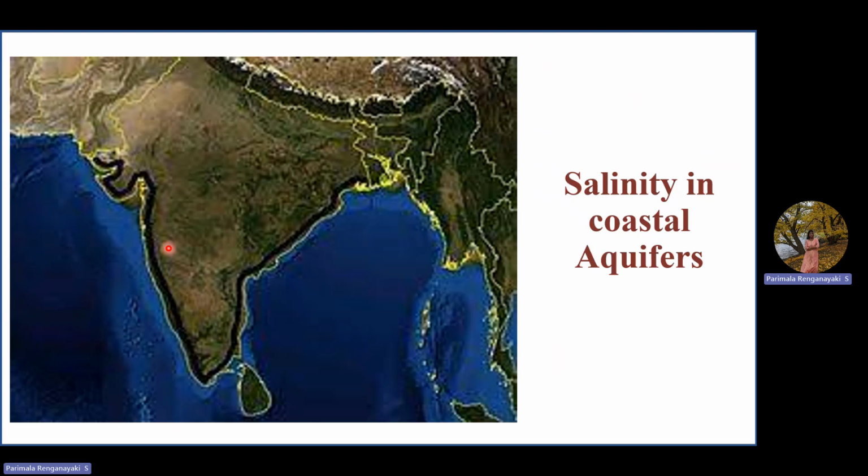Because of the heavy population and more development near the coastal region, pumping is happening here, which causes saltwater intrusion into the land. So the fresh groundwater which is available in the land, because of over-pumping and high population in India, is also getting affected.